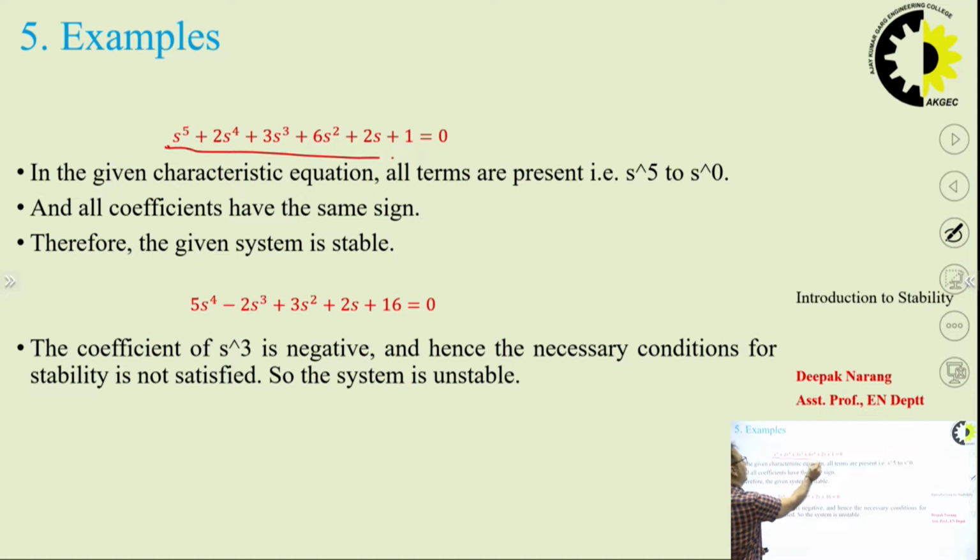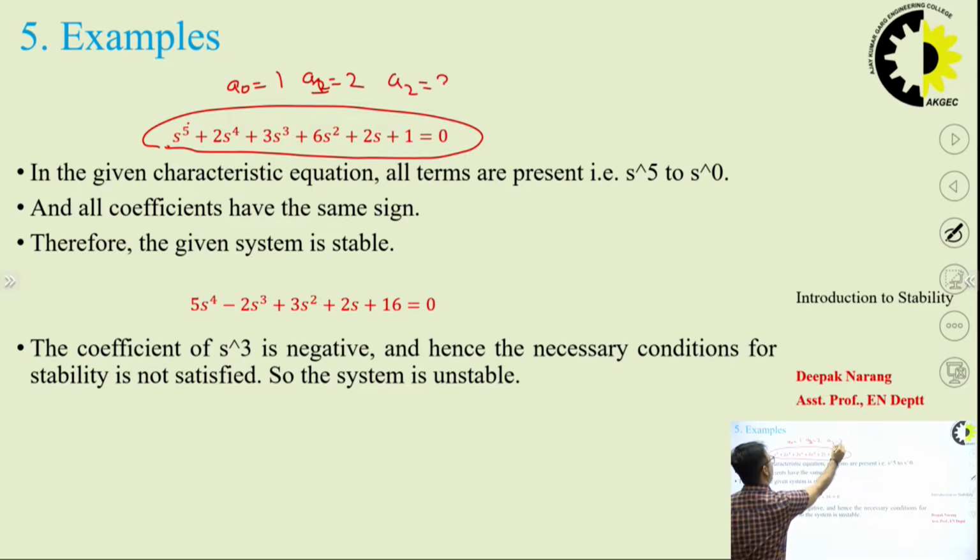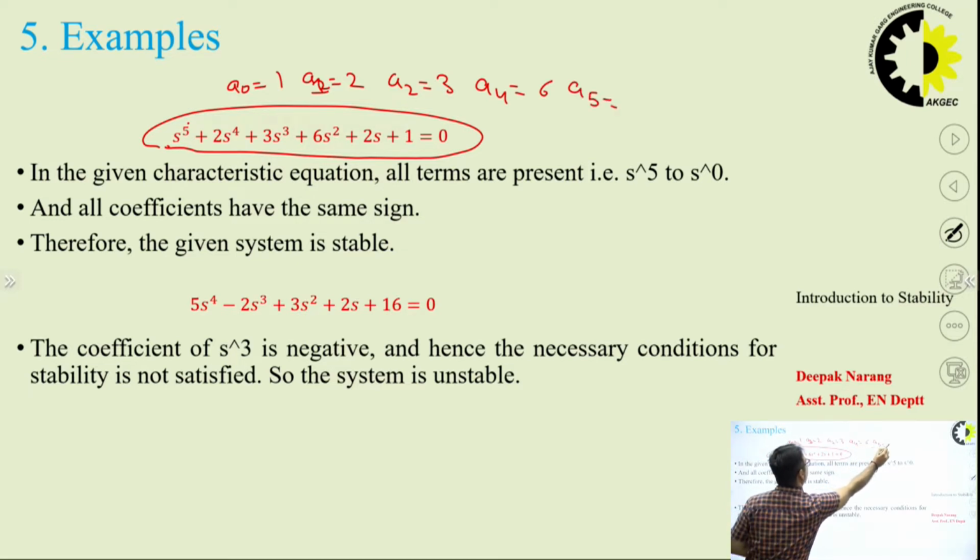See, this characteristic equation is given to us and we can see all the coefficients here. A0 is equal to 1, A1 is equal to 2, A2 is equal to 3, A4 is equal to 6, A5 is equal to 2 and A6 is equal to 1.